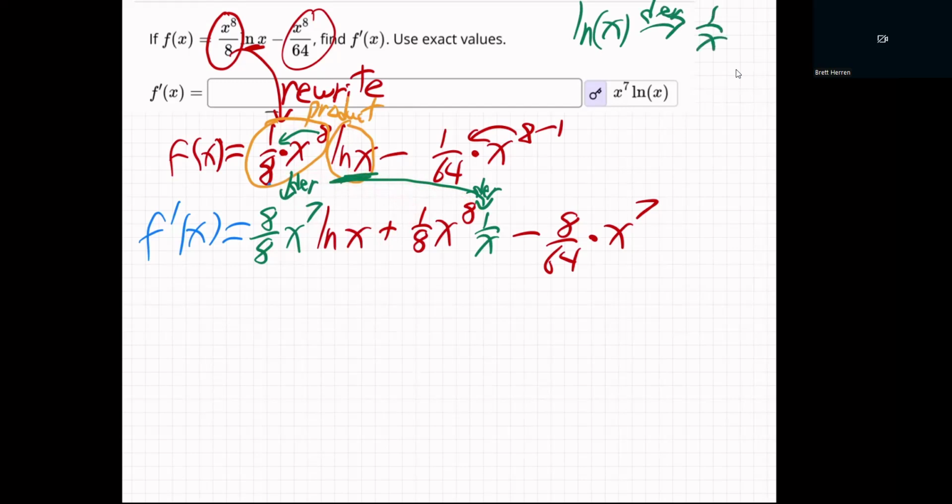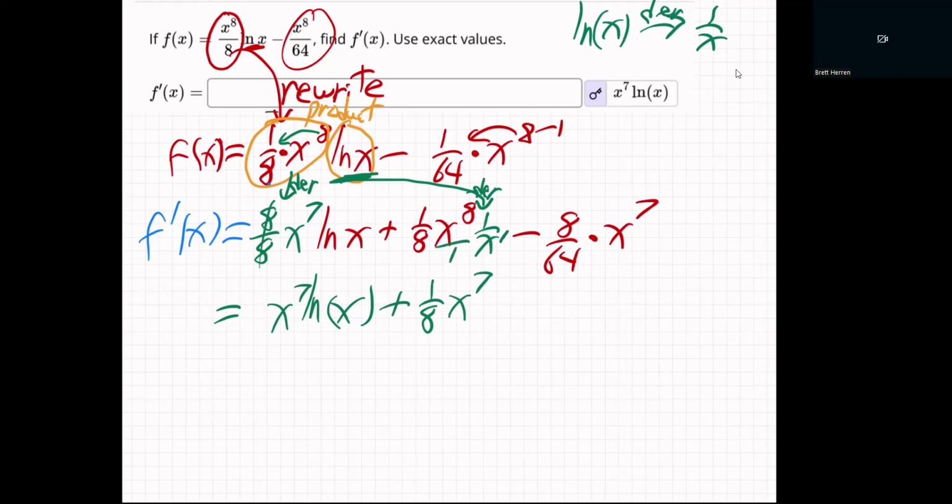And then the last part, that's pretty easy. This is just one function of x. Let's bring the 8 down and subtract 1 from the power. Okay, let's clean that up just a bit. 8 over 8 just cancels, that's just 1. So we have x to the 7th ln x plus 1/8 times what is this right here? This would be x to the 7th, because this is really x to the 8th over 1, and 8 minus 1 is 7.